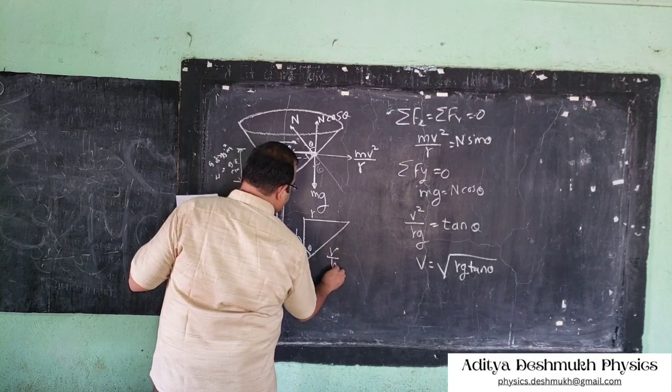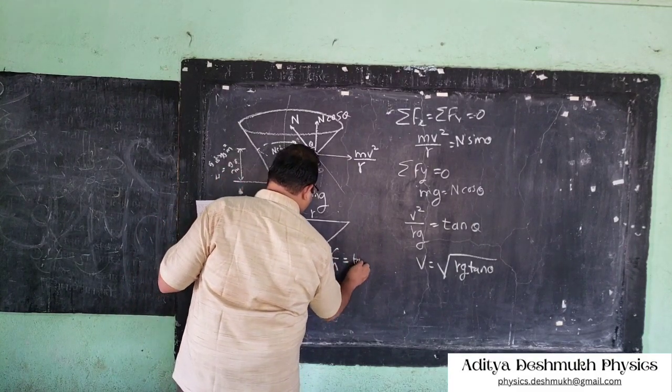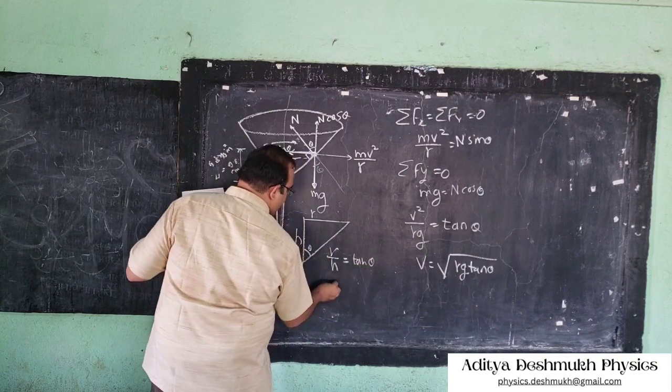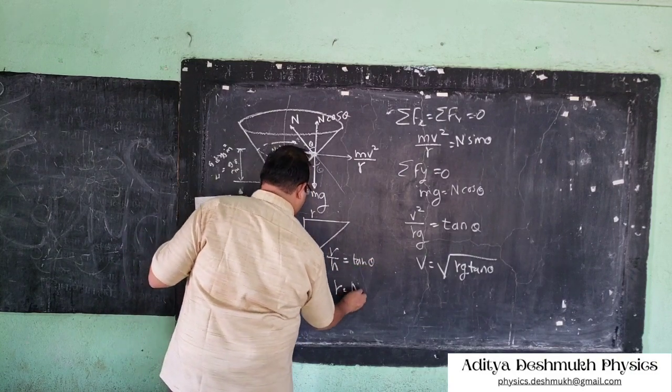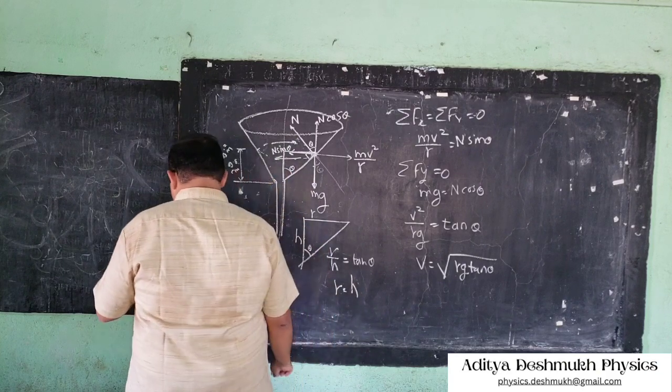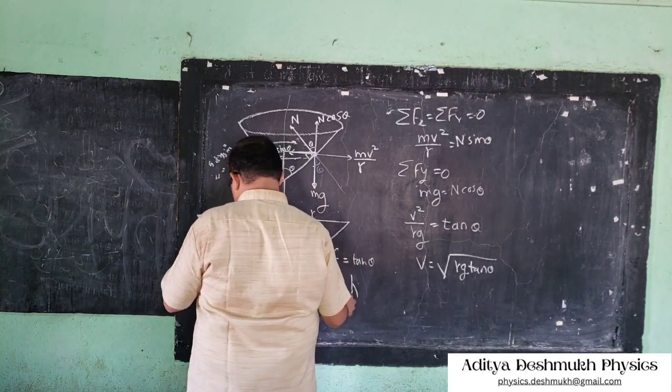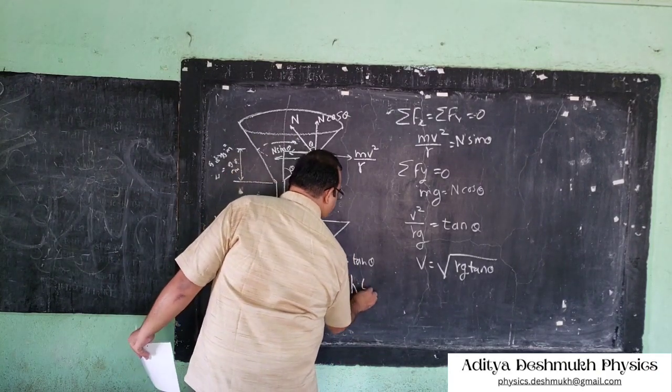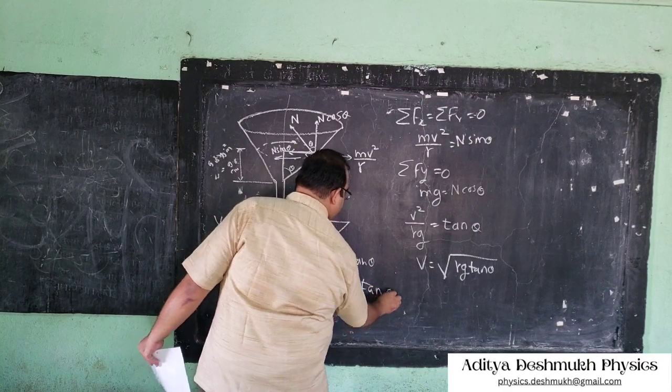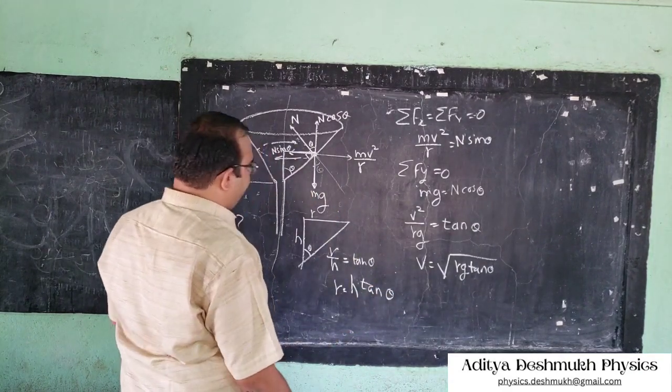So r by h will be tan theta. So my r will be h tan theta.